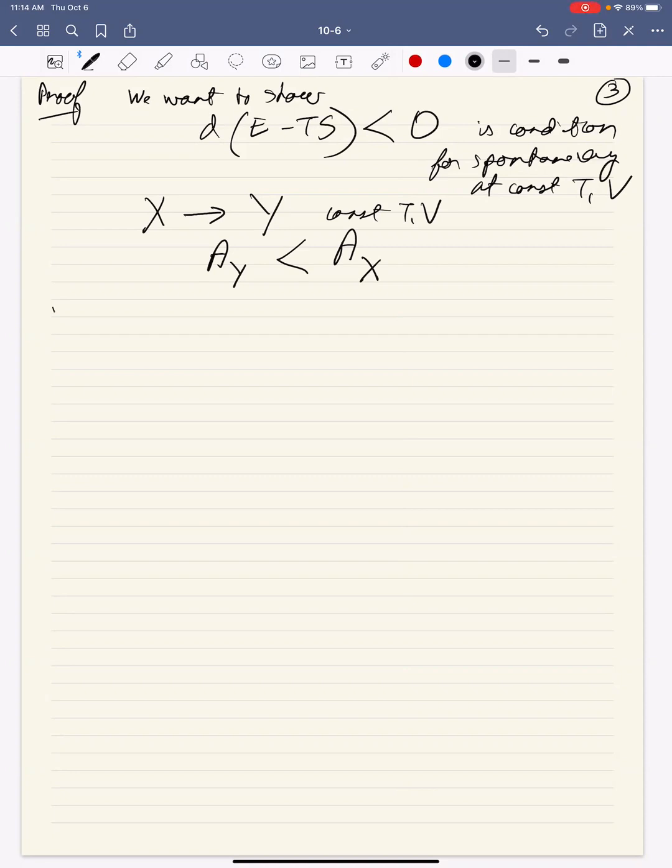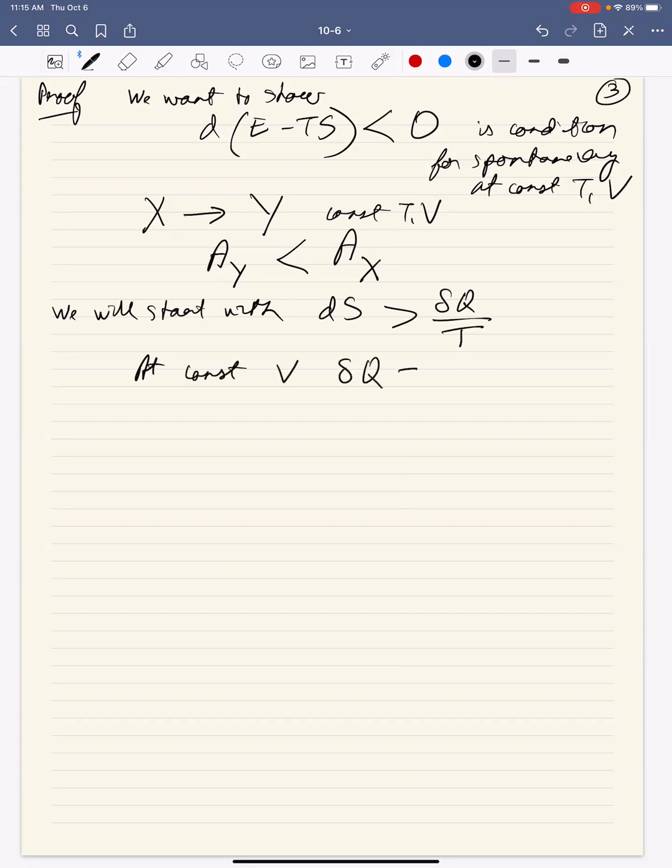So to prove this, we will start with Clausius inequality. We'll start with dS more than or equal to delta Q by temperature, right? This is generic. Clausius inequality is as generic as it's going to be. Nothing adiabatic, nothing reversible. We are talking about a constant temperature and volume process. At constant volume, what can we replace delta Q with? Delta E. Everyone remembers their first law of thermodynamics, right? Because delta E is equal to delta Q minus PdV, and we are not worrying about additional work.